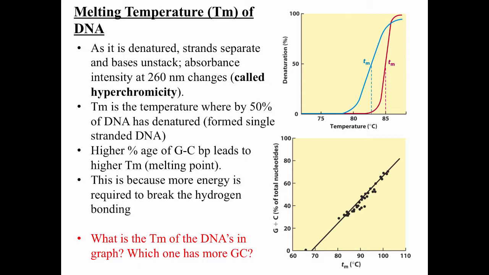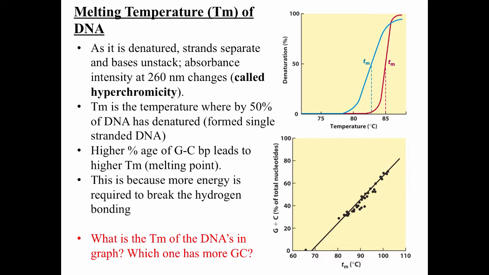Well, Tm is a temperature whereby 50% of the DNA has denatured. So if we look here on our axis, this is the percent denaturation. So this is about 50%. We're going to go across and down, and for the blue strand, the Tm is going to be about maybe 82.5, right? Or else the red strand, if we go across at 50% and go down, that Tm is approximately 85 degrees.